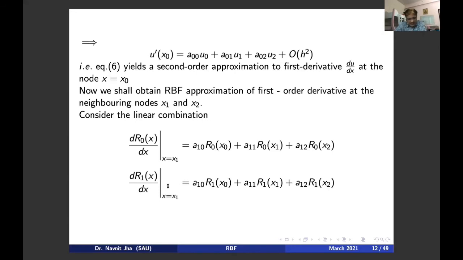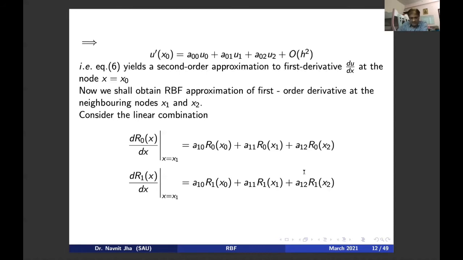Similarly, there is another equation for another RBF function: dr1 by dx at x equal to x1 equals a10 r1 at x naught plus a11 r1 at x1 plus a12 r1 at x2.